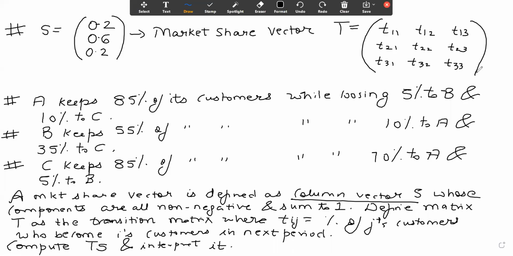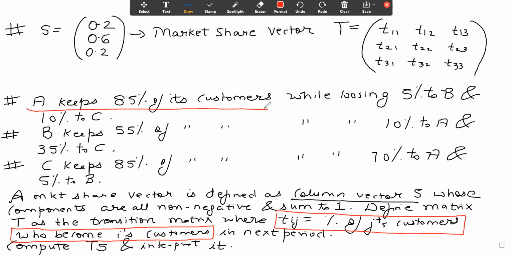Now guys, can we fill up all these components? What will T11 be? So Tij is what? Look at Tij, percentage of J's customers who become I's customers. So T11 will be the percentage of A's customers who continue to remain A's customers only. Now you can see A keeps 85% of its customers. So what is my answer? My T11 is nothing but 0.85.